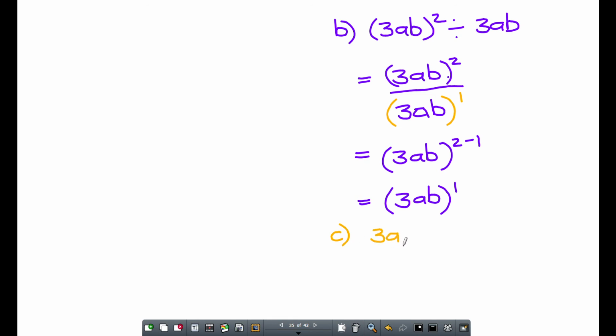Three ab squared. That is the same as if I were to write it in fraction form. And that 3 over 9 will be 1 over 3 if I simplify that.